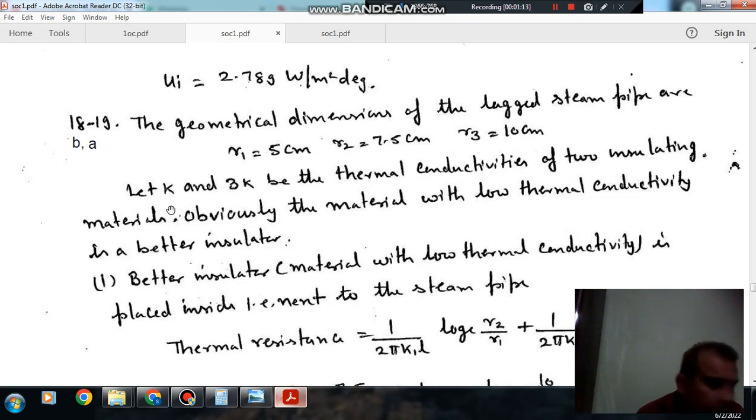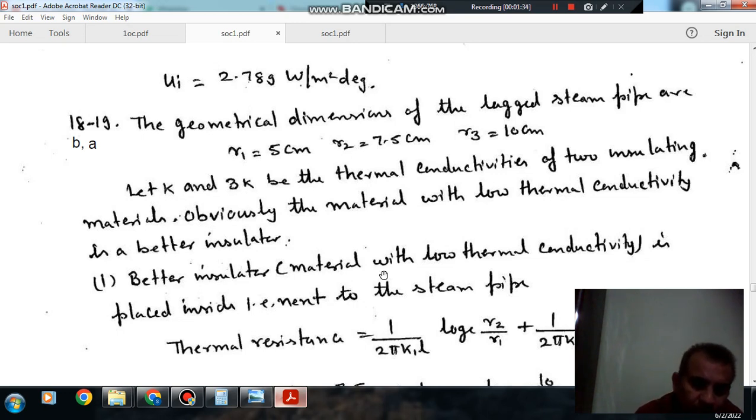One of the insulations has conductivity K and the other has conductivity 3K. So the better insulator will be the material with lower conductivity, suppose this is K1, and the material with higher conductivity is the poor insulator.